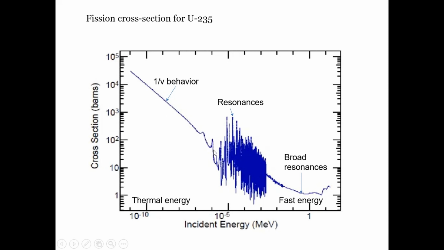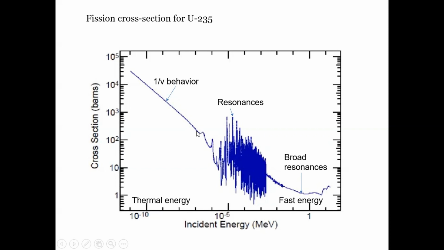Then there is a peak, another peak, and so many peaks. This first peak is the first resonance for U-235, and then the second resonance and third resonance, and so many other resonances. And then the resonances are really smeared and collected together, and they are shaped in the broad resonances form.